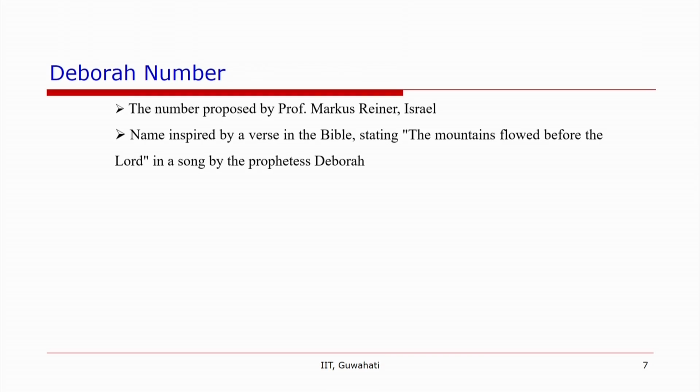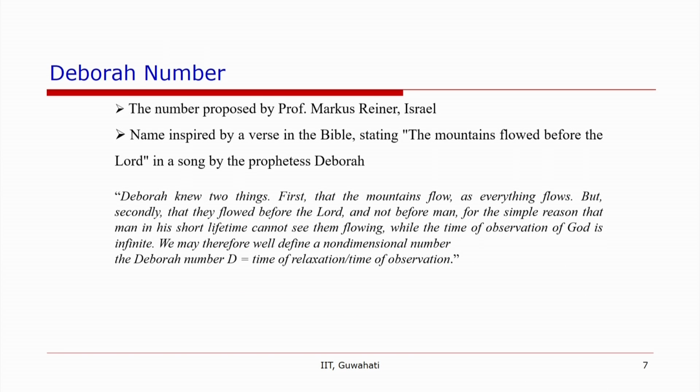The name is inspired by a verse in the Bible which says, the mountains flowed before the Lord, and this verse is by the prophetess Deborah. Let us look at the text from the article by Professor Reiner in which he introduced the Deborah number. He says that Deborah knew two things.